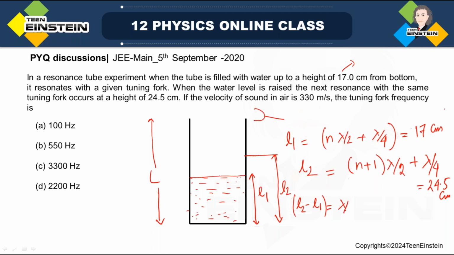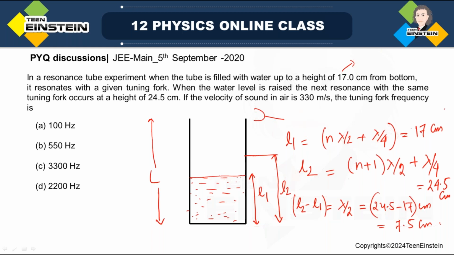So I'll get lambda by 2 equal to L2 minus L1, and that is equal to 24.5 minus 17 centimeter, which is actually 7.5 centimeter.